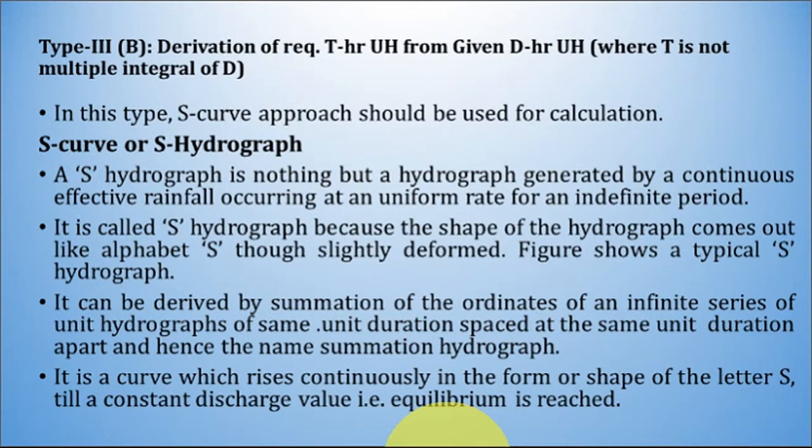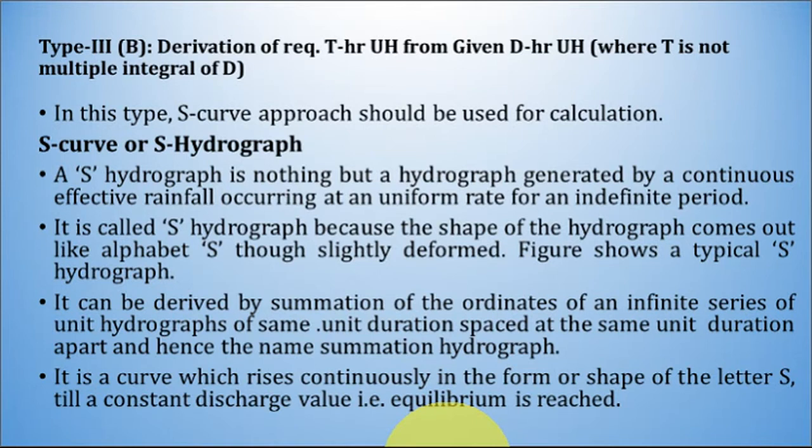It is called S hydrograph because the shape of the hydrograph comes out like the alphabet S, though slightly deformed. Figure shows a typical S hydrograph that we are going to see.